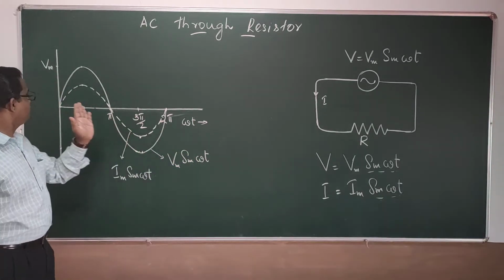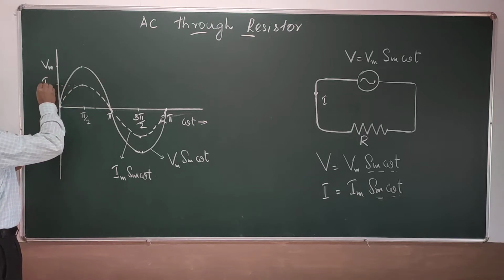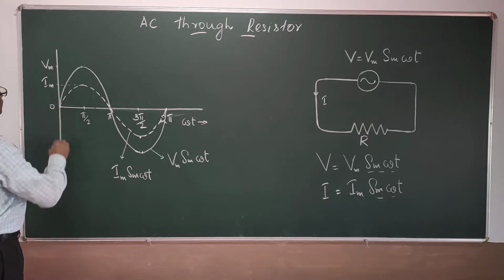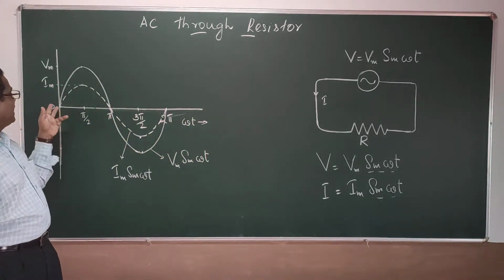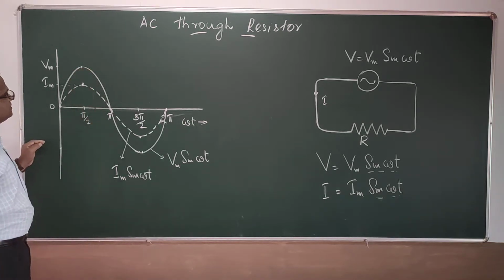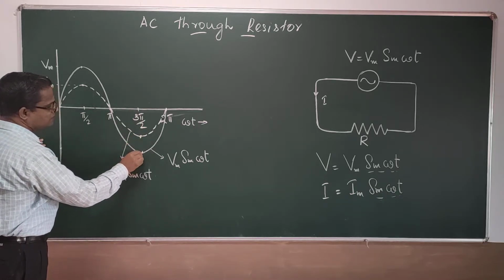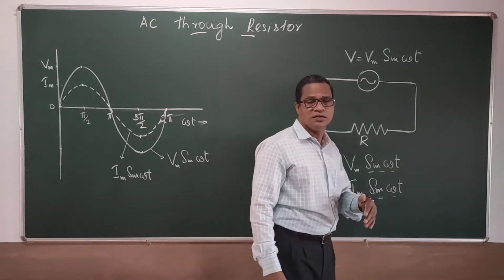This is the waveform of the voltage and current. The instantaneous values of voltage and current go hand in hand: when voltage becomes maximum, current is also maximum on the positive side. Here current maximum, voltage maximum. They are going in phase.